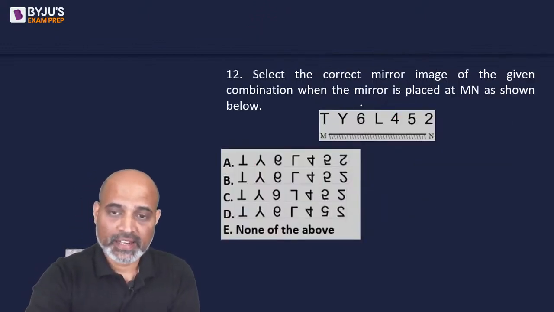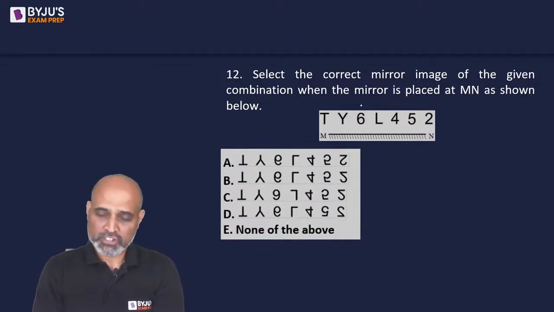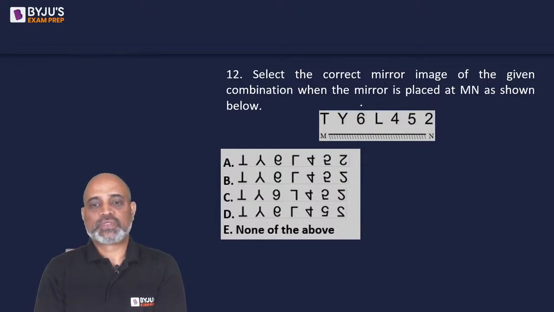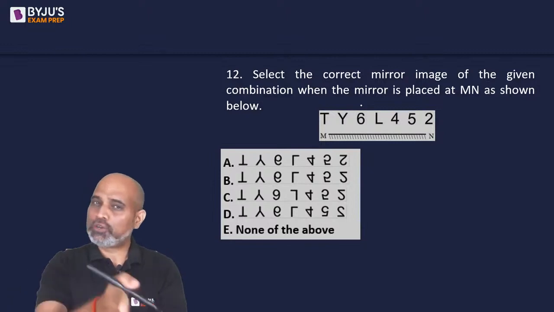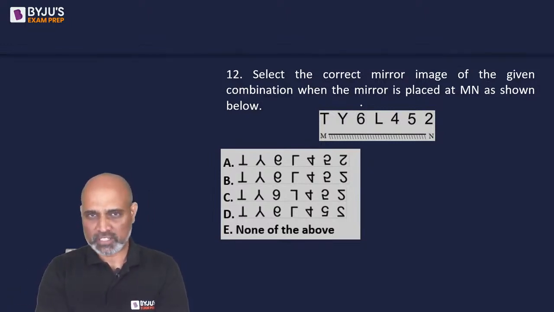Okay. Next one, select the correct mirror image if the mirror is placed at MN, water image, right? So, before solving for each and every symbol, look into the options. The symbols that are different from the other options, only check those. जैसे T को क्यों check करोगे? T तो सब में वही है. Why are you going to check Y?